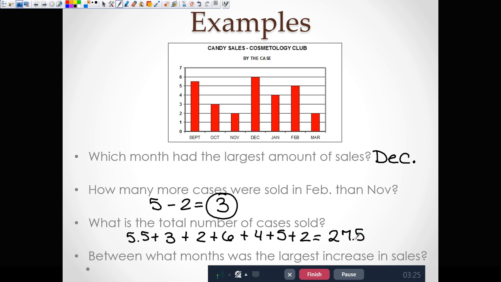November and December, because we would have 6 minus 2, which would be 4. So our November to December would be the largest increase of 4 units, 4 cases.